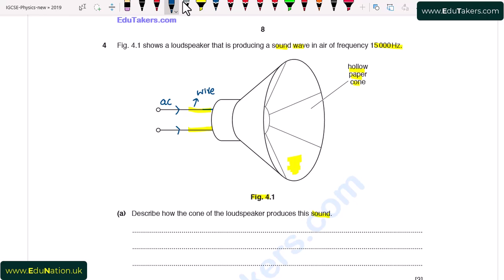So when the current changes, then there will be the vibration of the cone. When this cone vibrates, there will also be the vibration of the neighboring particles, that is air particles present close to this, and these vibrate with the frequency that is equal to the frequency of vibration of the cone. So the particles vibrate just like this.